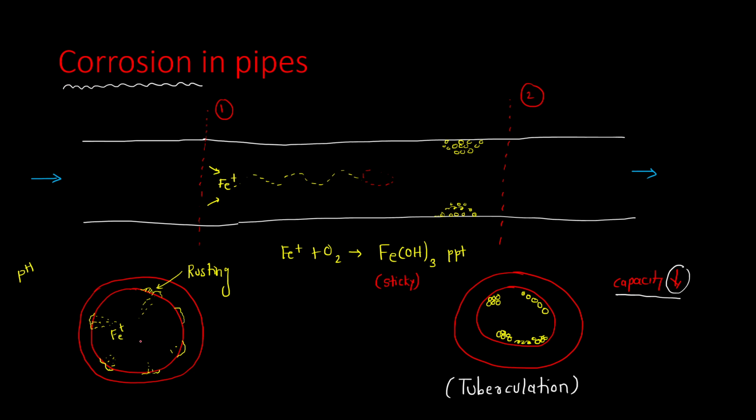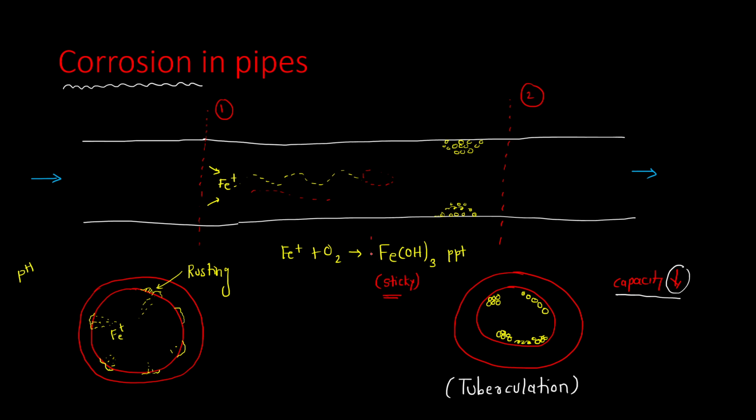Once again, I will quickly revise. The water reacts with the inside surface of the pipe. Then due to that reaction, there is rusting at these inner sections. At section number 1 you have seen there is rusting. Due to this rusting, the iron particles now are getting added to the water. Now this iron particle reacts with the oxygen which is present in water to form a sticky substance, and that substance is ferric hydrate, FeOH3.